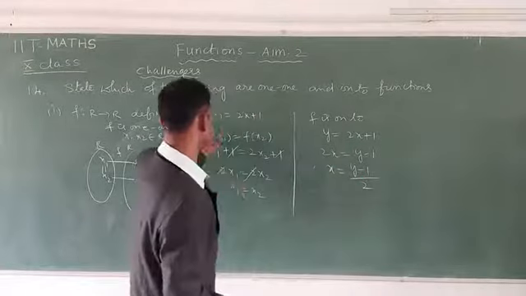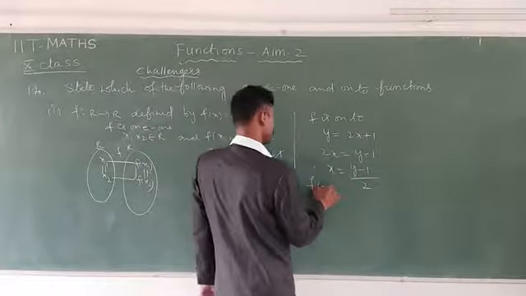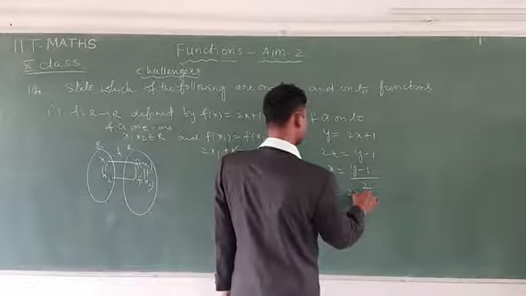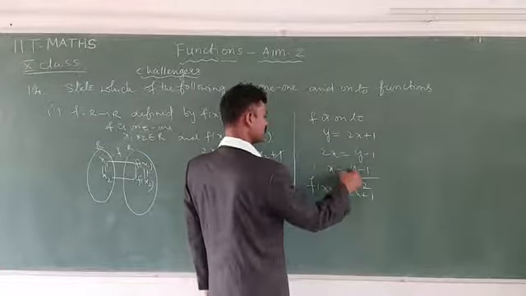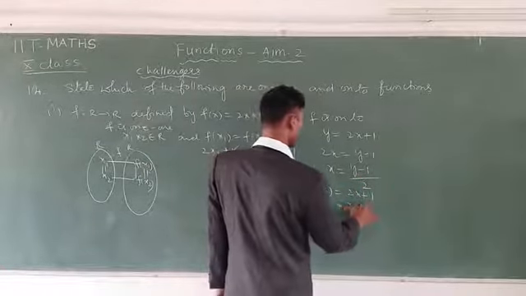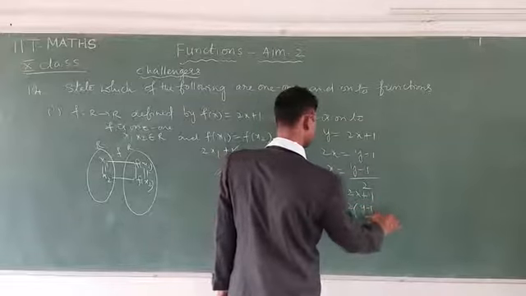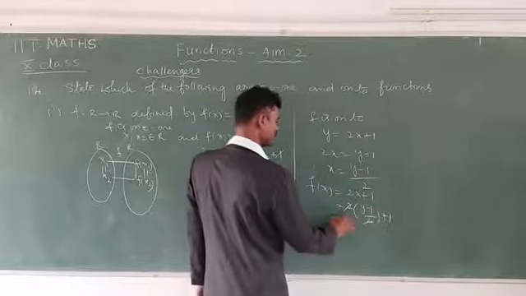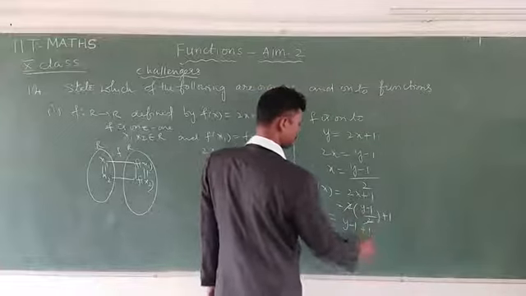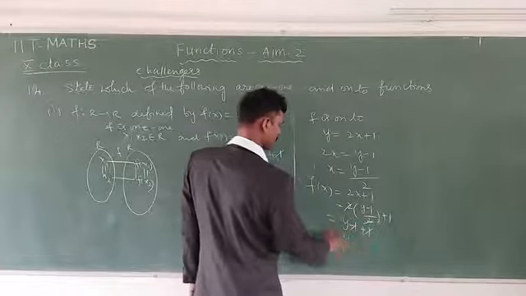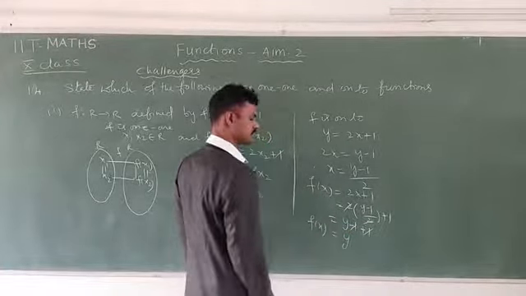Now take f of x is equal to 2x plus 1. Here instead of x, substitute this value: 2 into y minus 1 by 2 plus 1. The 2 cancels, then y minus 1 plus 1. The 1 also cancels, then y. So f of x is equal to y.